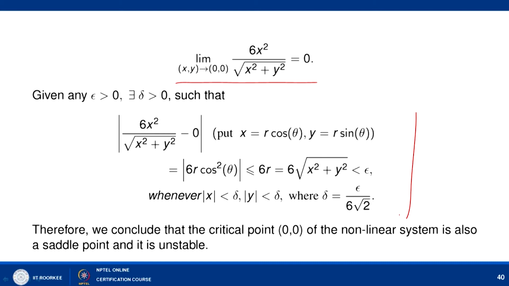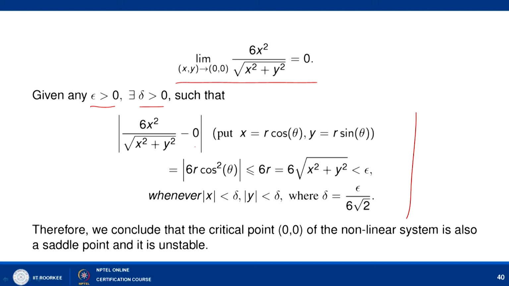I am not writing it out here, but you can say that to show the limit is equal to 0, given any epsilon greater than 0, there exists a delta such that mod of 6x square upon under root x square plus y square minus 0 is less than epsilon, provided that the point is near to (0,0). For that you simply write x equal to r cos theta, y equal to r sin theta. Whenever you have the term x square plus y square, you can use the polar coordinate system.